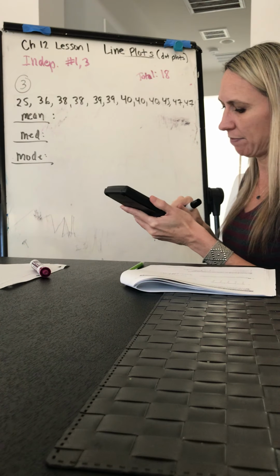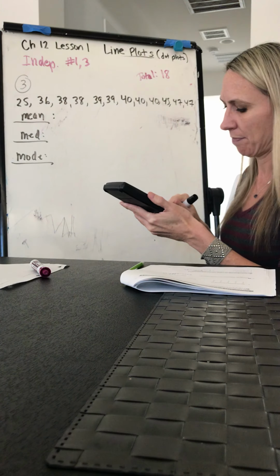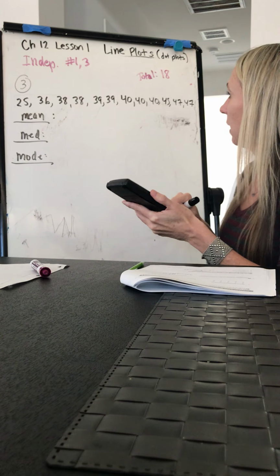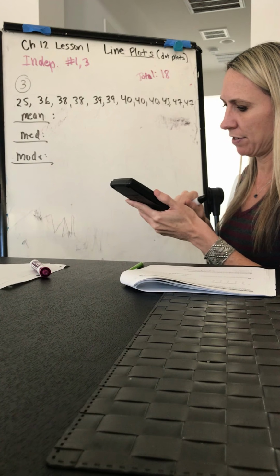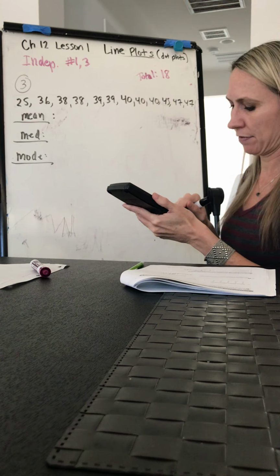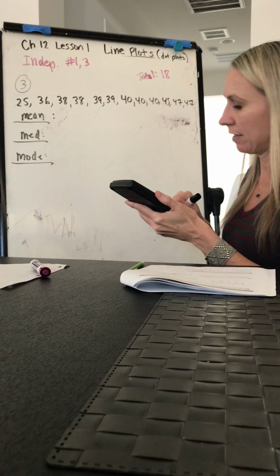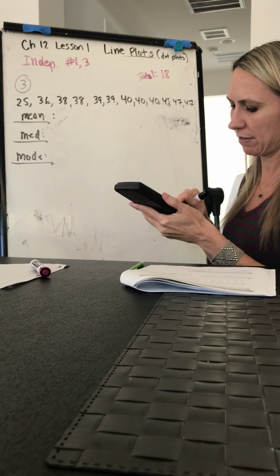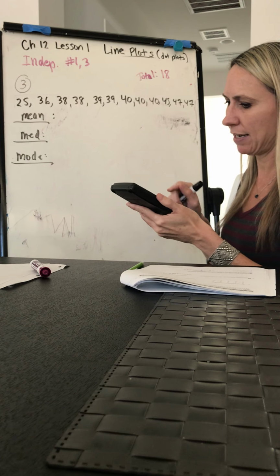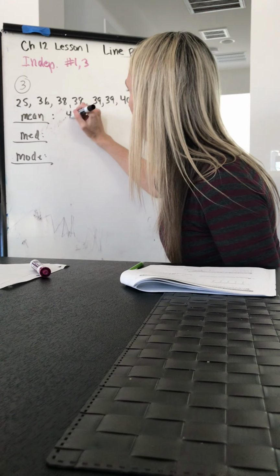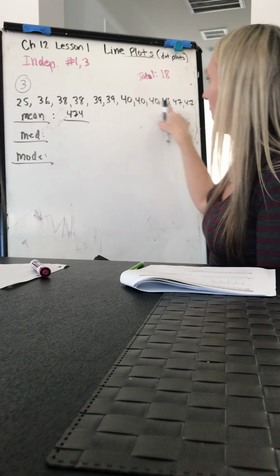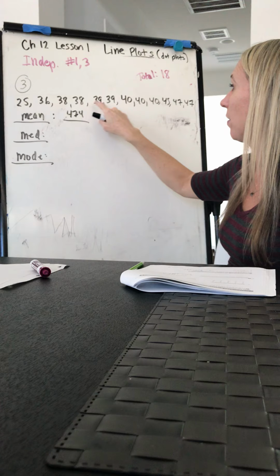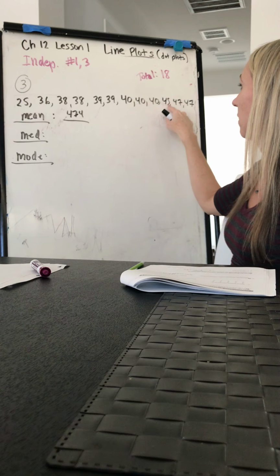I'm going to do 25 plus 36 plus 38 times 2 plus 39 times 2 plus 40 times 3 plus 45 plus 47 times 2, and I get 474 when we add all these up, divided by 12. You got 12? So 1, 2, 3, 4, 5, 6, 7, 8, 9, 10, 11, 12.